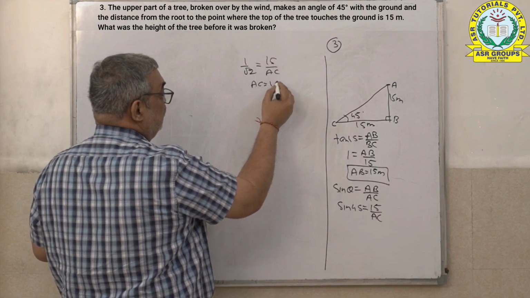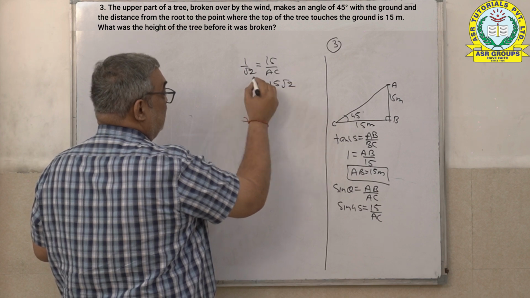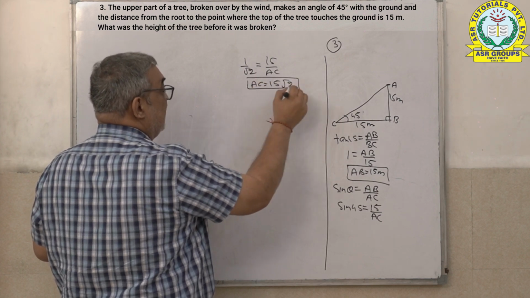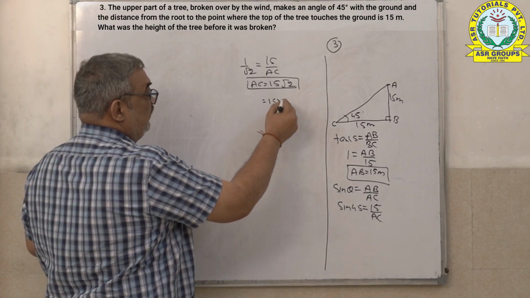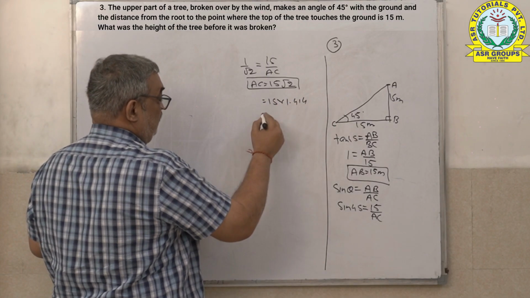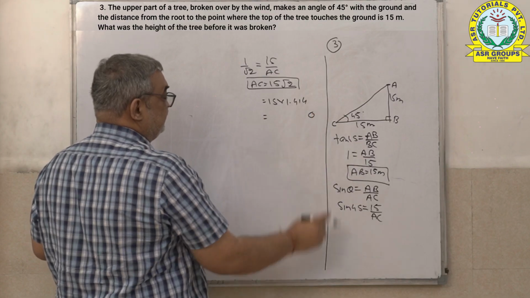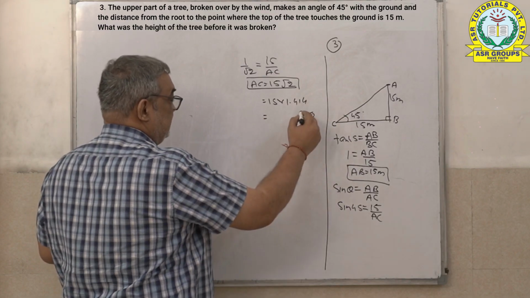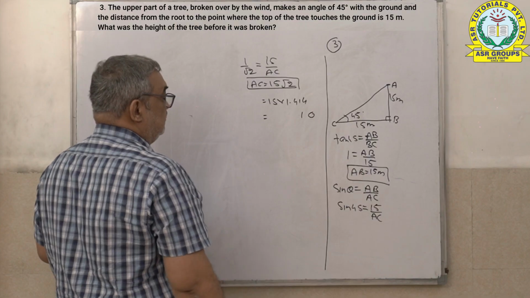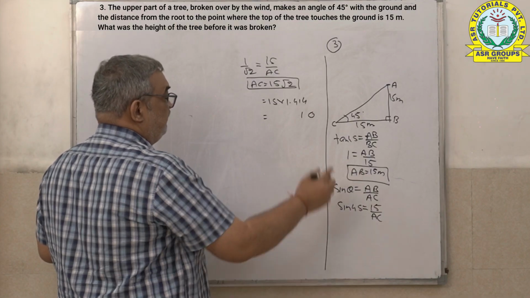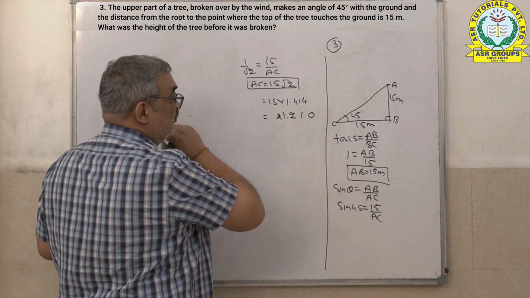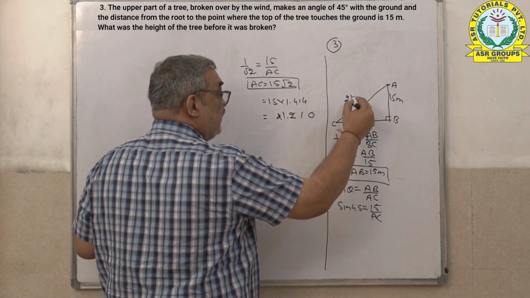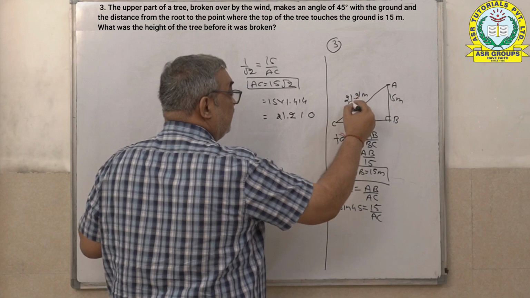So AC equals 15 root 2. You can substitute the value of root 2. Root 2 is 1.414. 15 times 1.414, so AC is 21.21 meters.